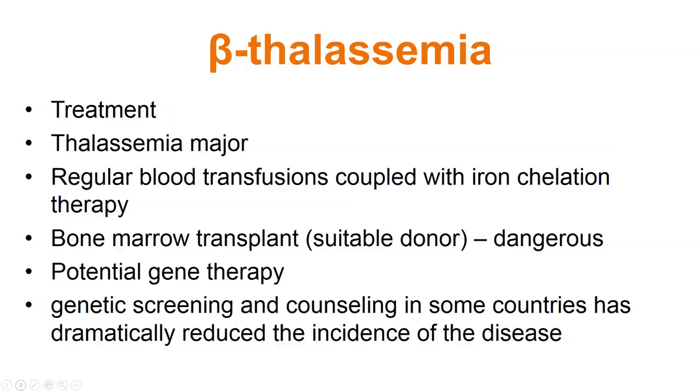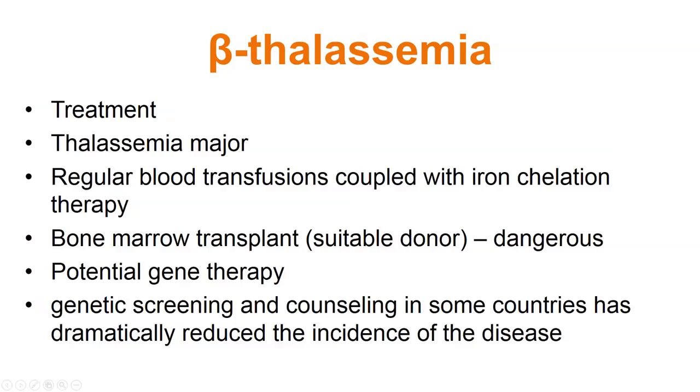So can you actually treat thalassemia major? Yes, there are some treatment options available. One thing that would be required is a regular blood transfusion, okay, to give them some normal red blood cells. You have to couple that with iron chelation therapy.